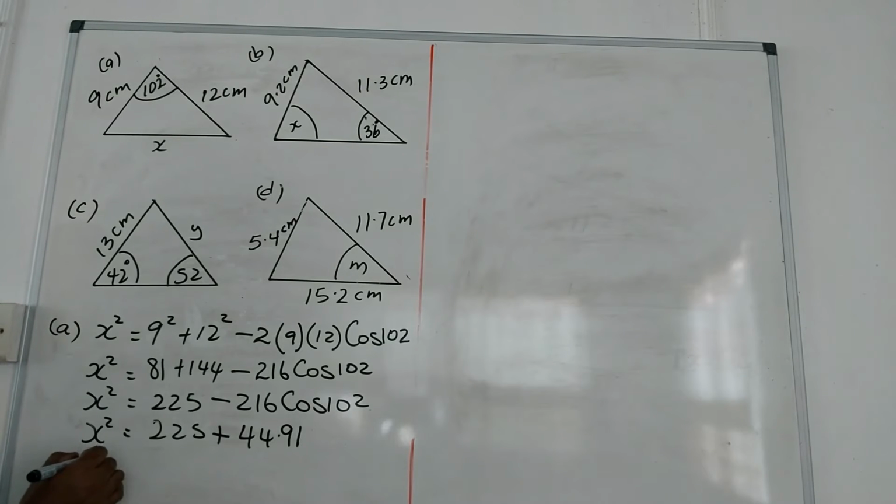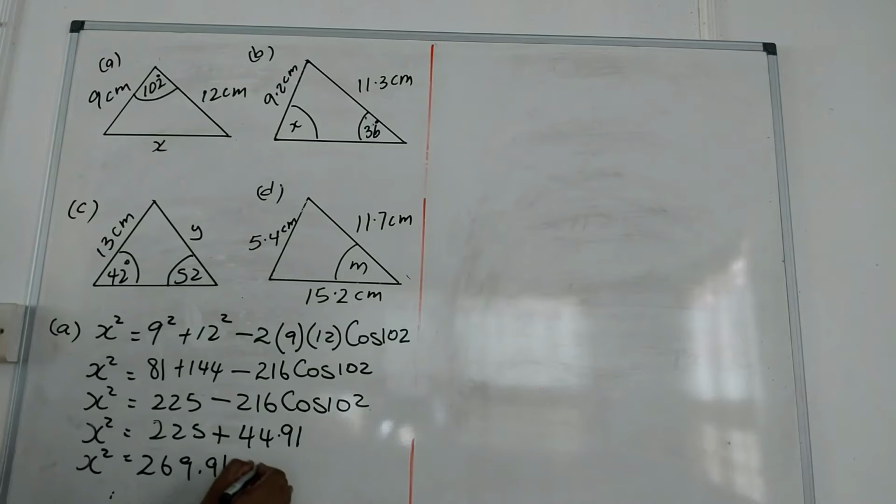So we have x squared is equal to 225 plus 269.91. So x now, x will be equal to the square root of that.